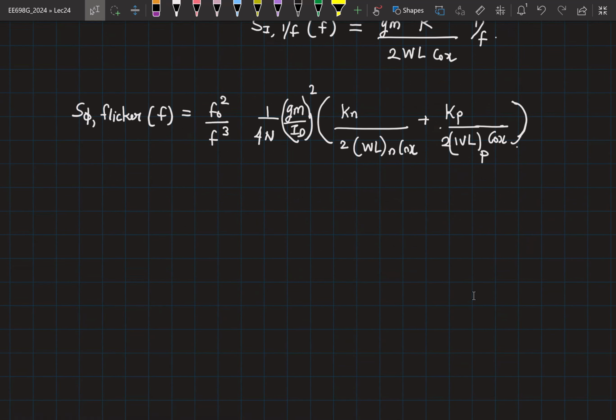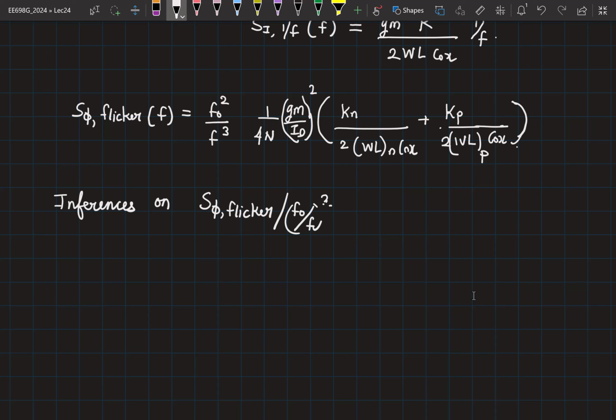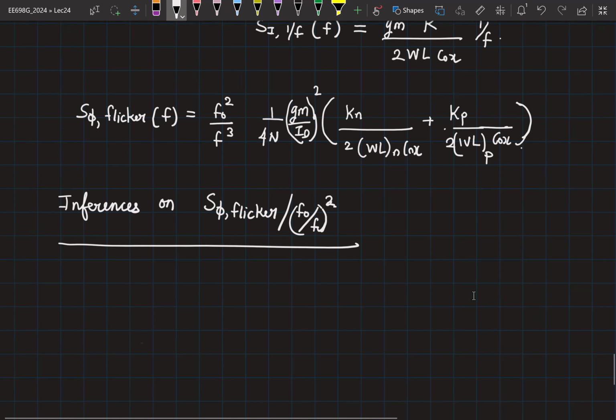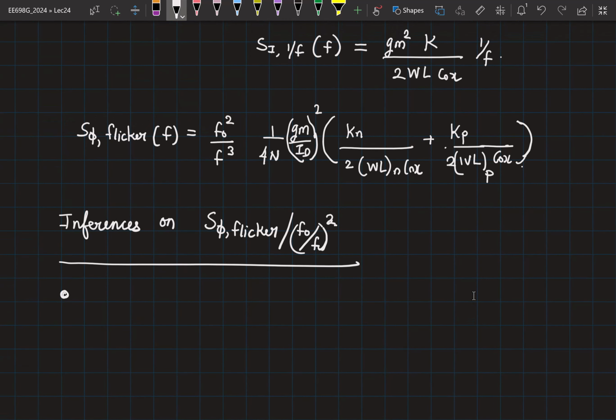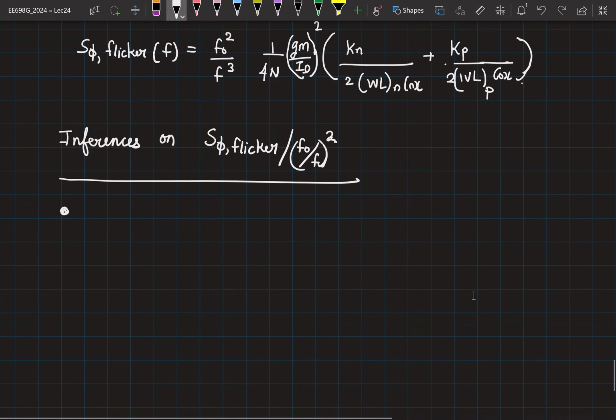Okay, good. So now let's do some inferences on S5 flicker, again normalizing it to F0 by F the whole square. I increase the n, what happens? It reduces by n, right?